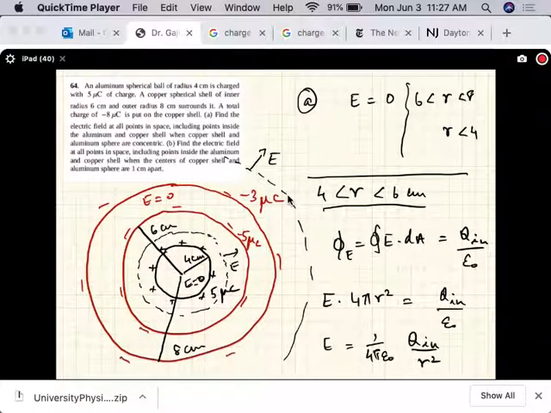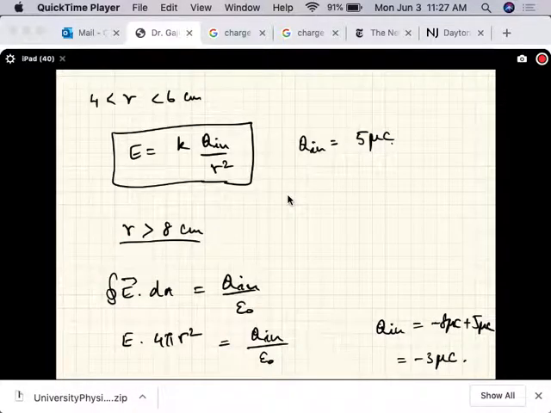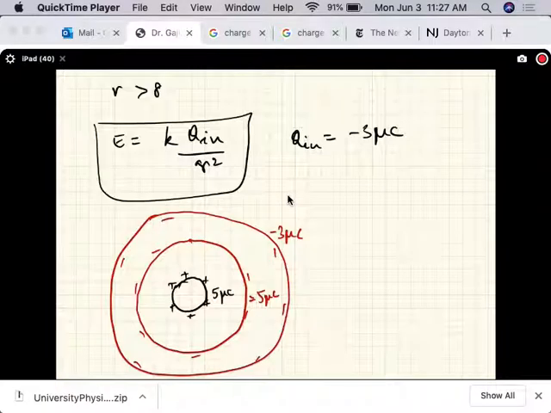This is 8 centimeters. Any point outside this outer shell, any radius, this expression gives you the electric field all the way to infinity.